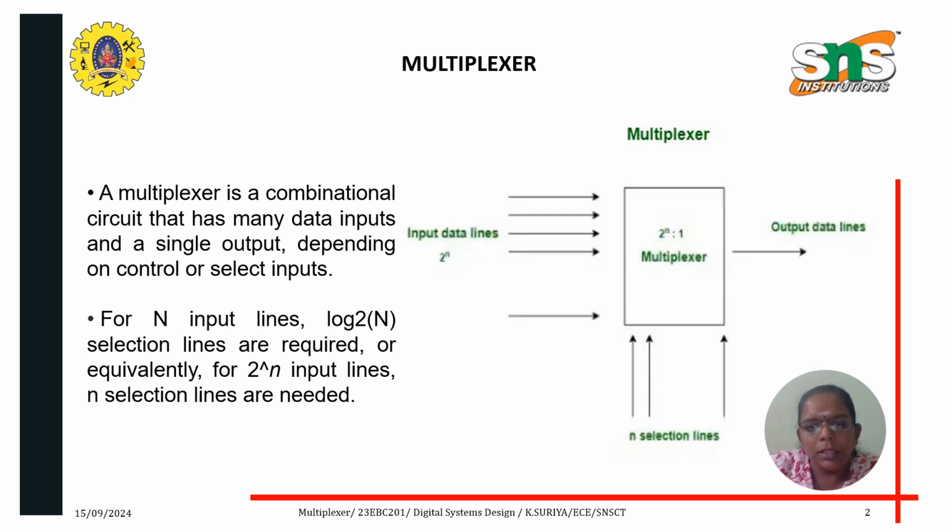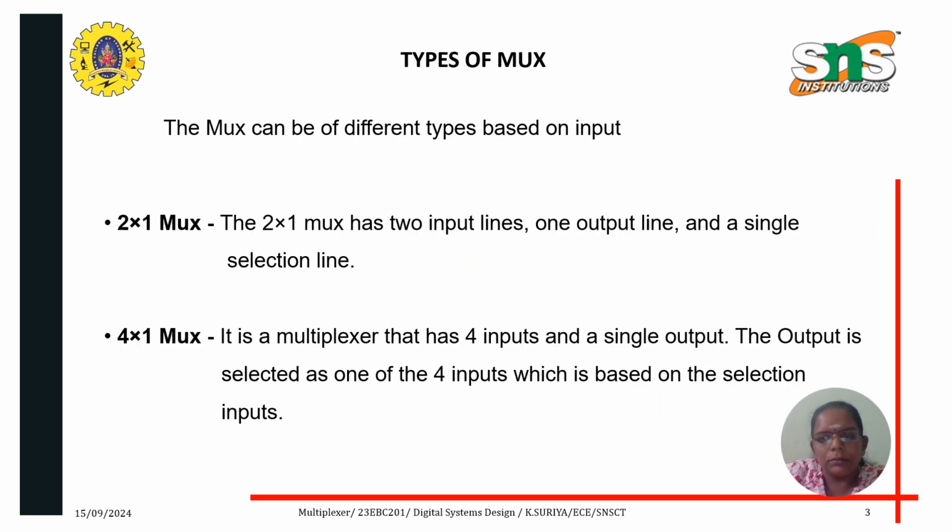They are mainly used to increase the amount of data that can be sent over a network within a certain amount of time and bandwidth. There are different types of multiplexers.